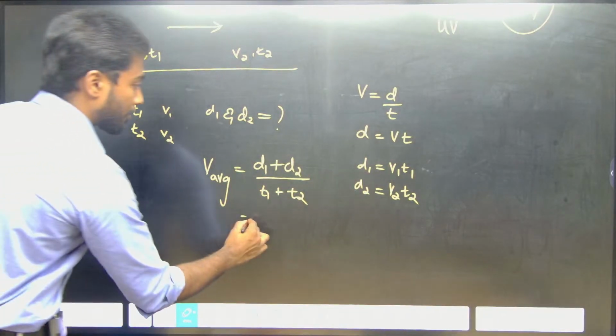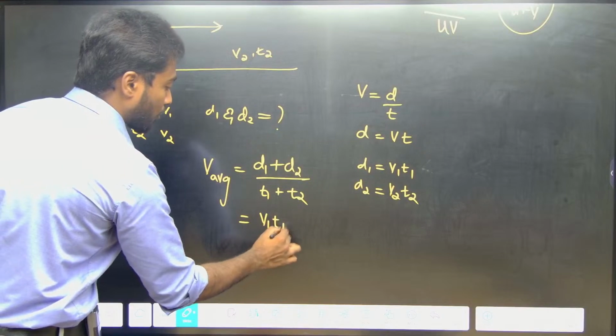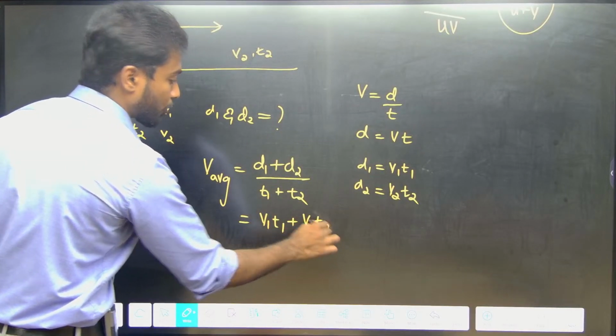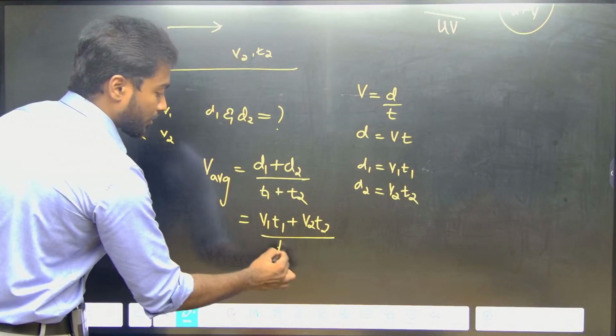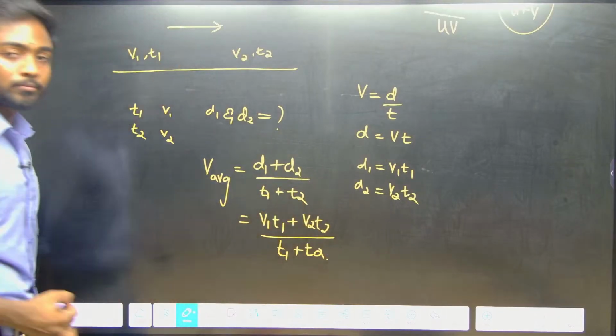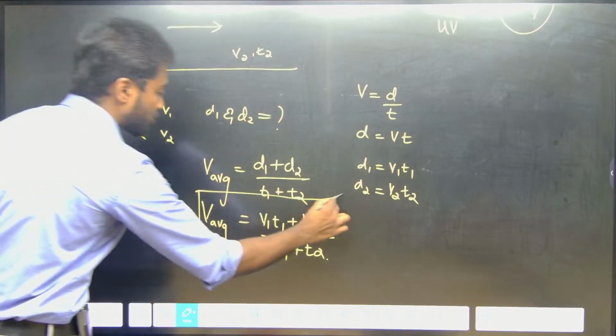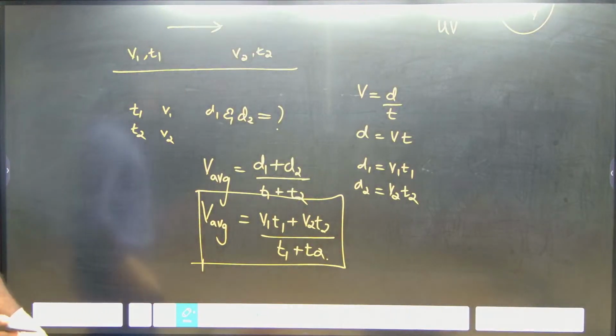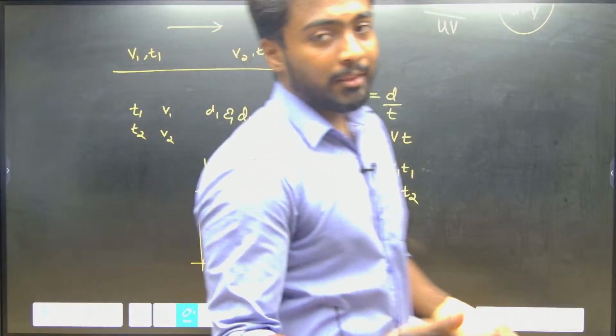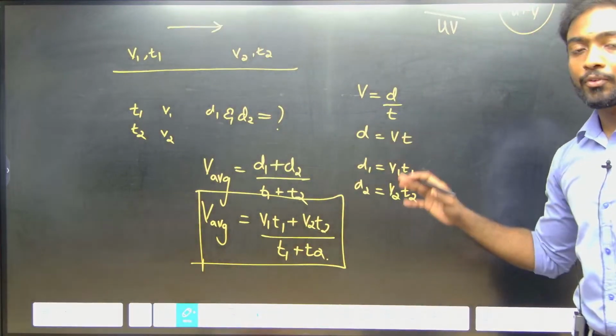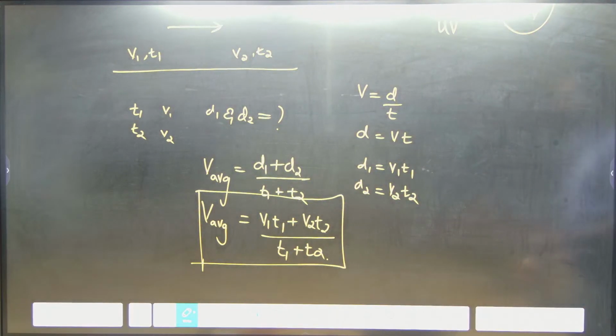Got it? So what is d1? v1 t1 plus v2 t2 is d2, divided by t1 plus t2. Got it? So this is my average velocity, sorry, average speed formula in terms of v1 and t1 when they have not given the situation of d1 and d2. Okay.